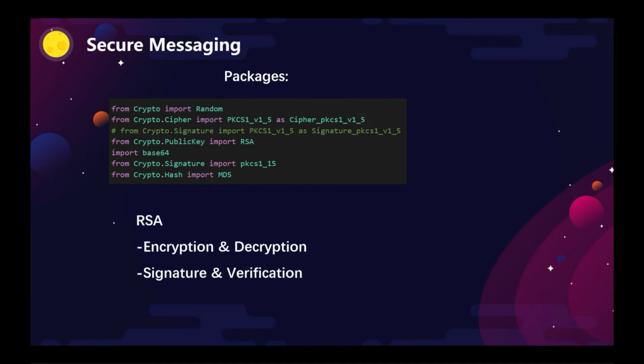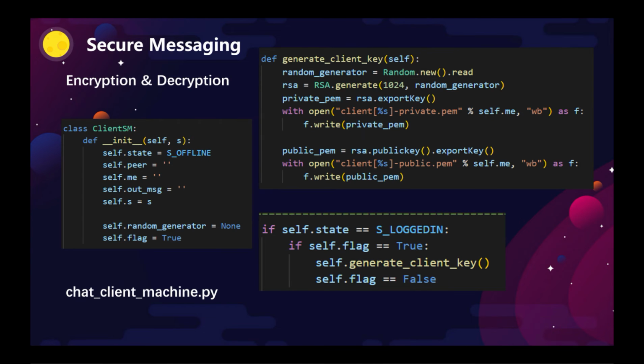Here's the packages I use. Let's have a look at the encryption and decryption steps first. First, in the client file, we add 2 global variables. In the generate client key function, it generates a pair of public and private keys and saves them to the PEM file separately.